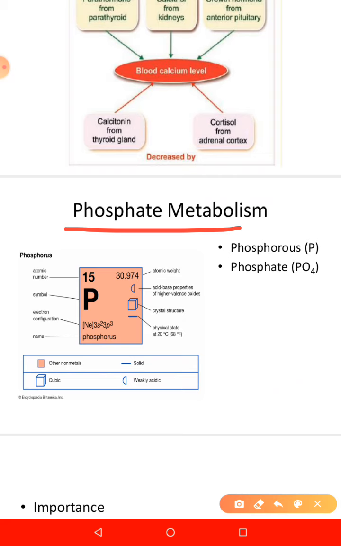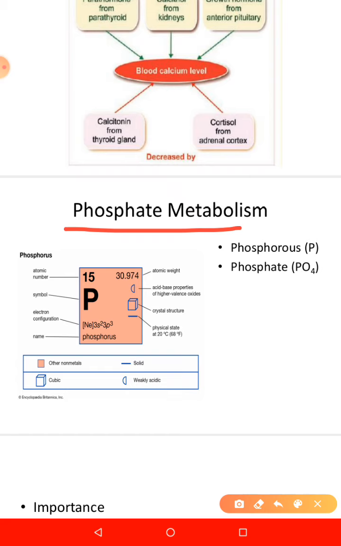This is an essential mineral. I've shown you the diagram there, with an atomic number of 15. It's called phosphorus, atomic weight of 30.9, and the symbol is P. So this phosphate or phosphorus is required by every cell in the body for normal function.